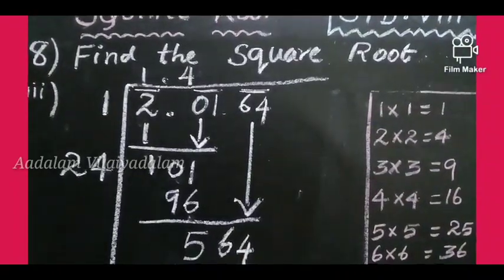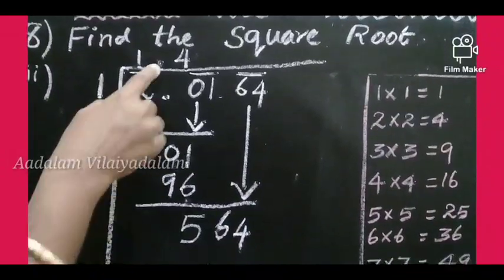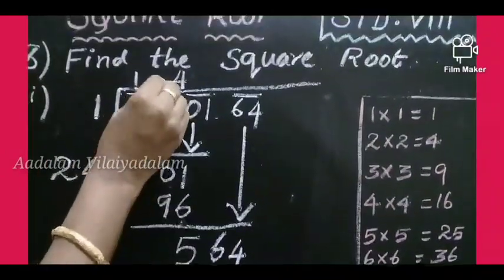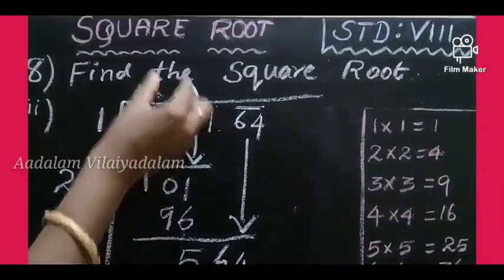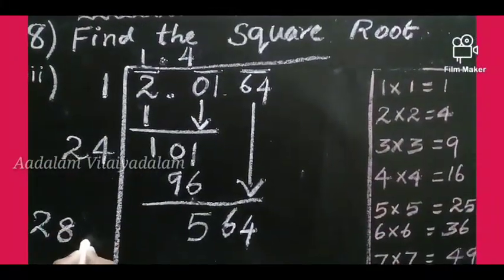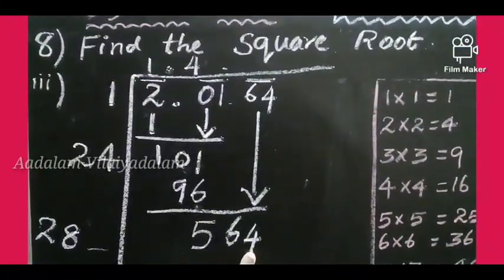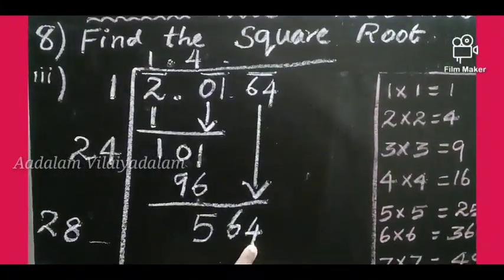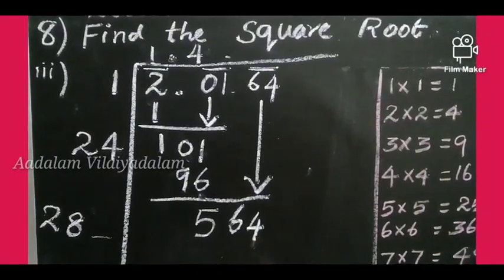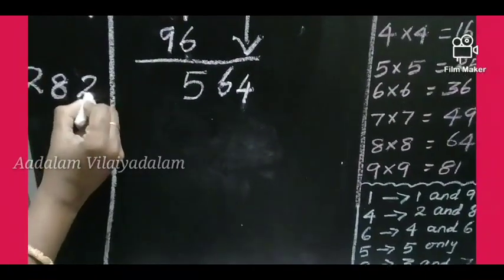64. Now each step the quotient value multiply by 2. Don't consider the decimal point, just multiply 14 into 2. The answer is 28. So next we have to write the same digits. The last number is 4. The last number is 4, so what are the possible digits here? 2 and 8. First we have to try 2.